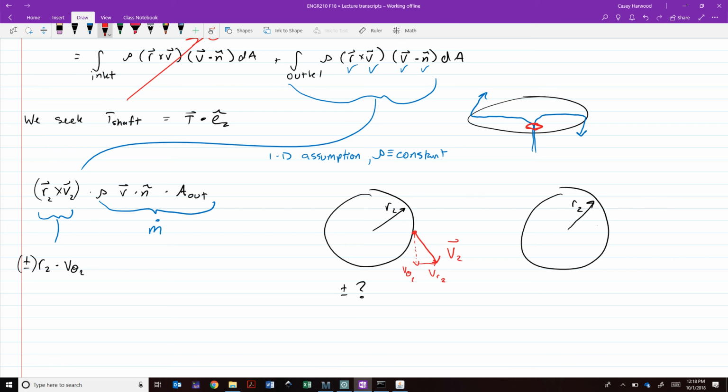Thumb is pointing into the page. Generally, the convention here is x, y, that means that counterclockwise is positive. So if this moment that we're creating is clockwise, it needs to be negative. This quantity here would be a -1.